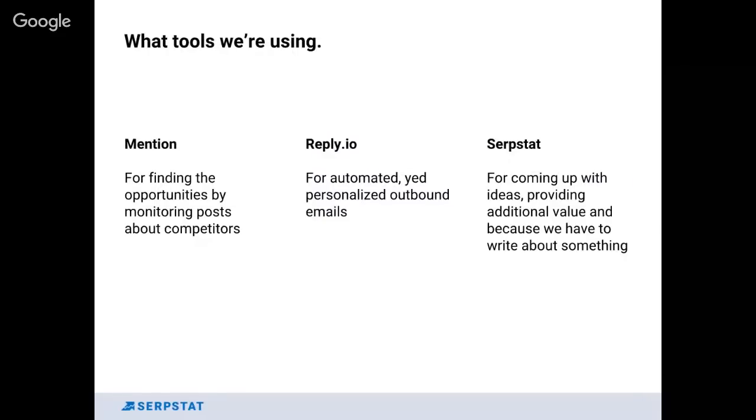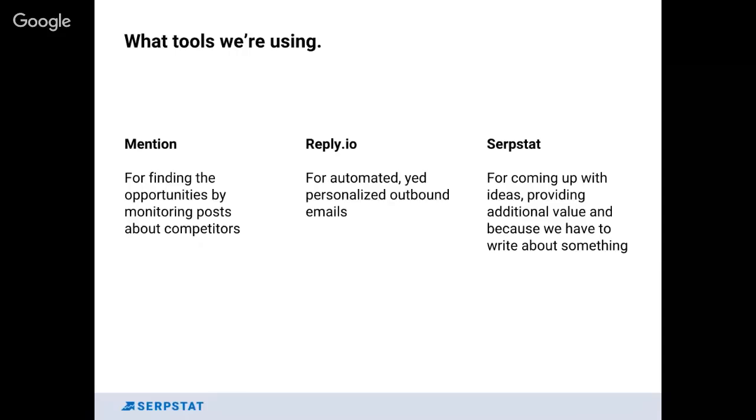The tools we're using for this process are as follows. Mention is the tool that monitors everything that happens online. You can monitor keywords, you can monitor websites, and anytime that keyword appears online, Mention will send you a notification with a link, like on this website there was something published that used the keyword you used, or the competitor's name or anything.